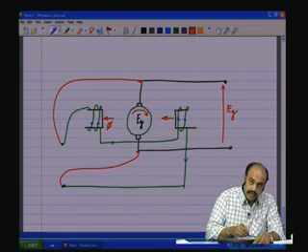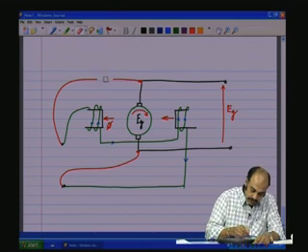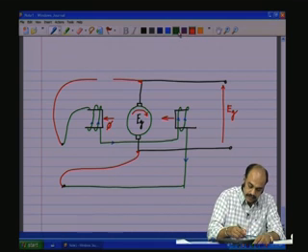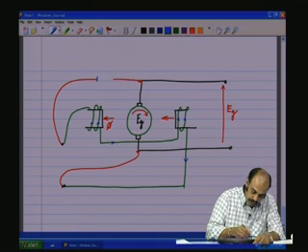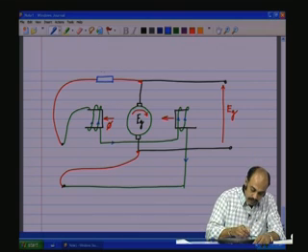Of course, we do not directly apply Eg, so we have to put a series resistance to limit the current to whatever the required value.